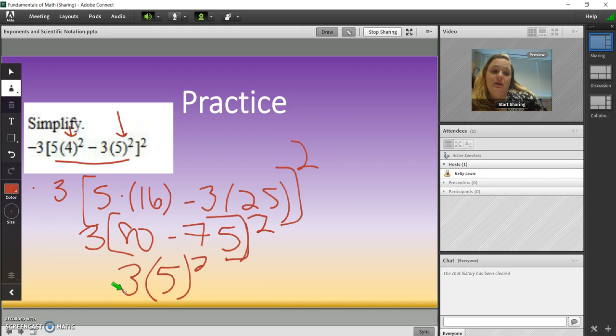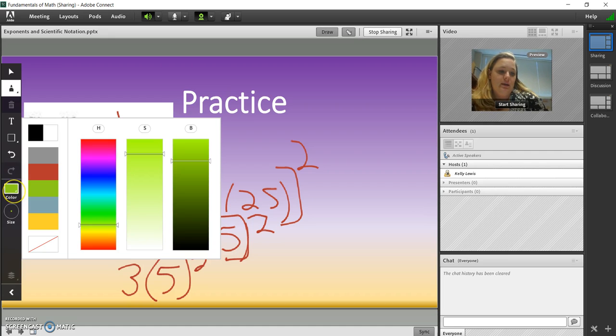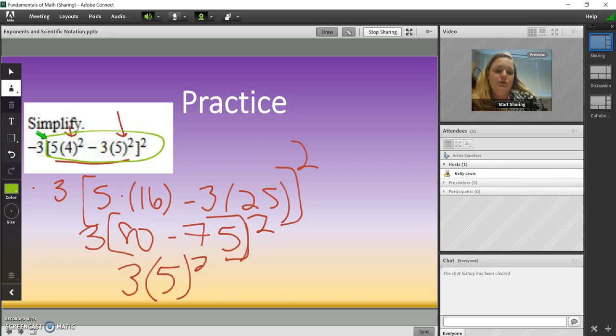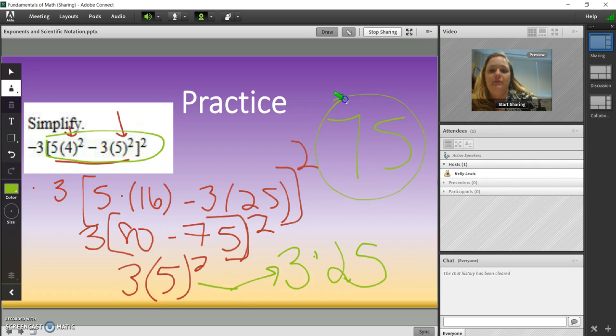Okay, we've done all of our stuff on the inside. Now we go back and do parentheses. We did all the parentheses, this big parentheses one, we did it. Now we need to do exponents. So 5 squared is 25. And then we've got to do 3 times 25. So we get 75.